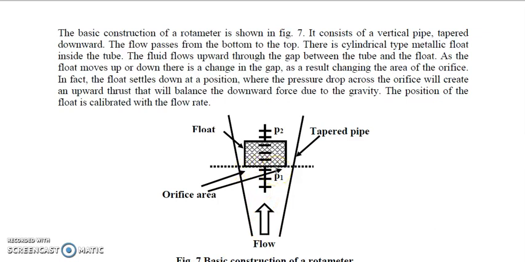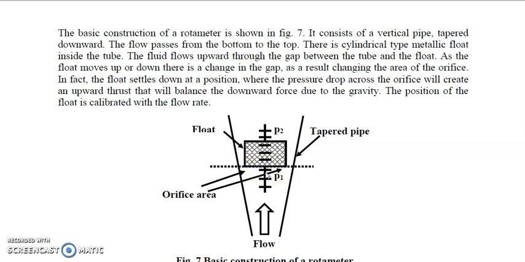The float settles at a position where the pressure drop across the orifice, that is P2 and P1, creates an upward thrust that balances the downward thrust due to gravity.